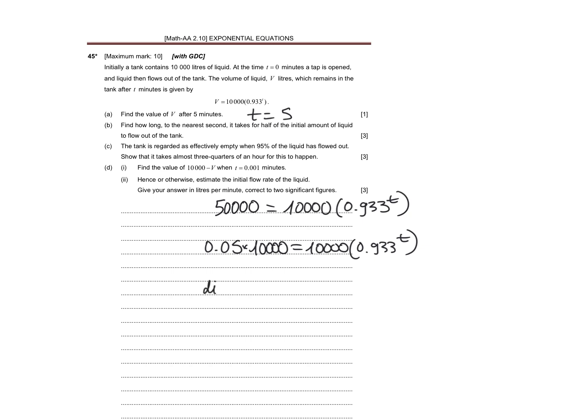For DI, find the value of 10,000 minus V when t equals 0.001 minutes. Put it into the calculator. Hence or otherwise, estimate the initial flow rate of the liquid. Give your answers in liters per minute corrected to 3 significant figures.